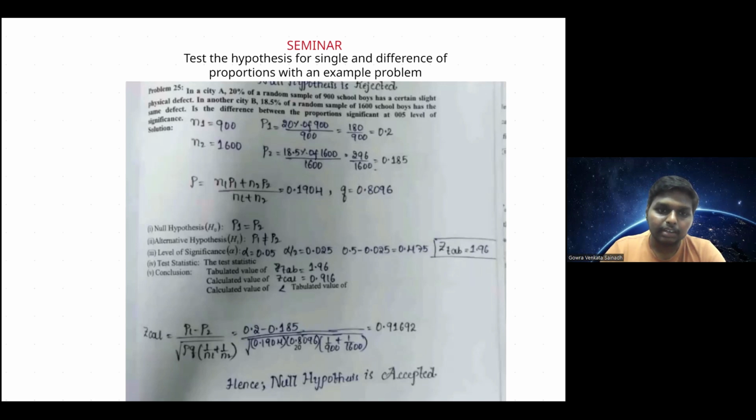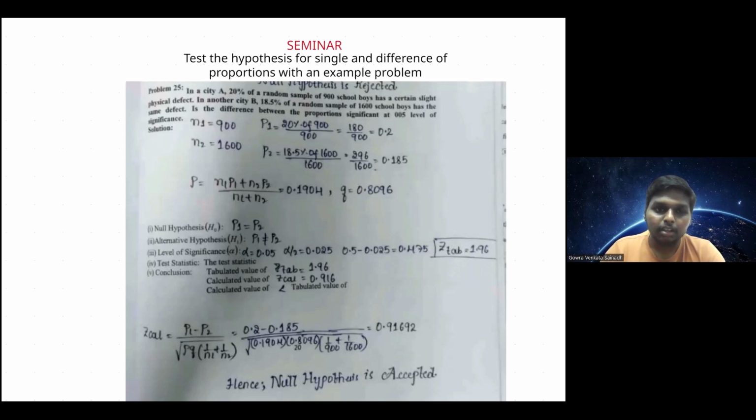Now we calculated the P value as N1 P1 plus N2 P2 by N1 plus N2. We got 0.101904 and Q as 0.8096.